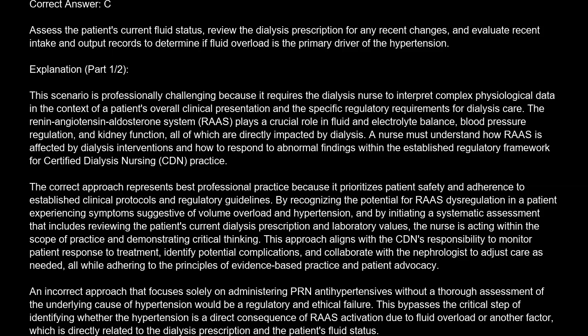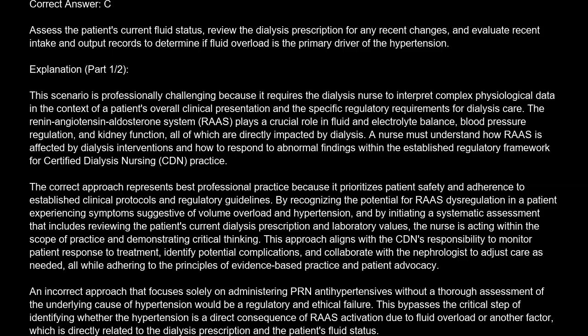The correct approach represents best professional practice because it prioritizes patient safety and adherence to established clinical protocols and regulatory guidelines. By recognizing the potential for RAS dysregulation in a patient experiencing symptoms suggestive of volume overload and hypertension, and by initiating a systematic assessment that includes reviewing the patient's current dialysis prescription and laboratory values, the nurse is acting within the scope of practice and demonstrating critical thinking.